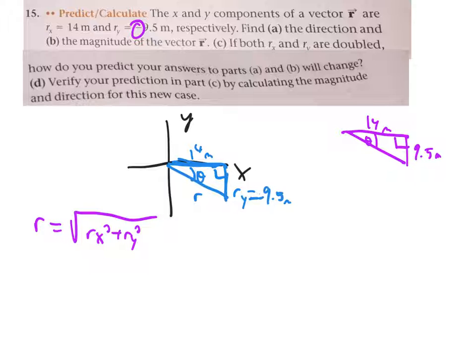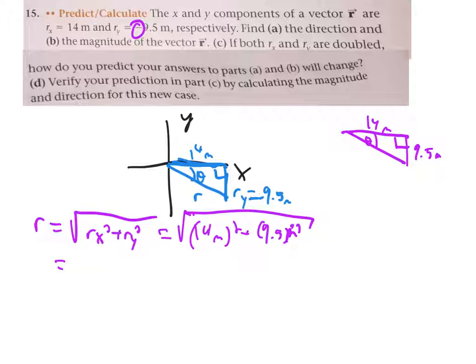And then we just process this and we get the square root of 14 meters squared plus 9.5 meters squared. I get square root of 14 squared plus 9.5 squared, 16.9, which based on our two digits is really 17.